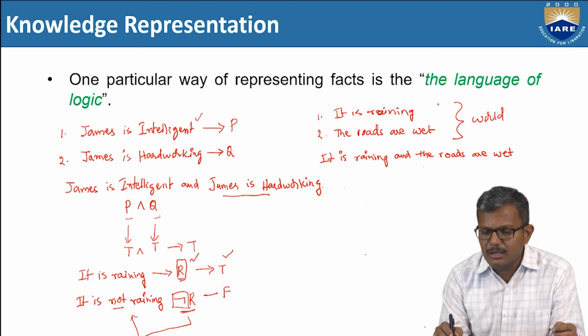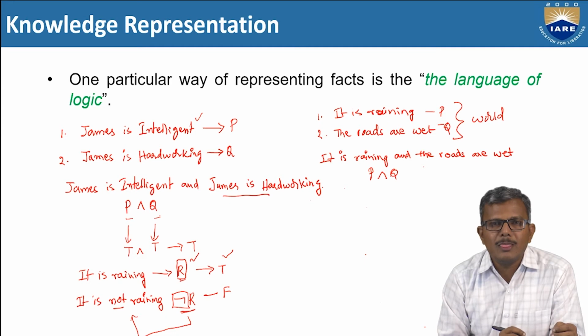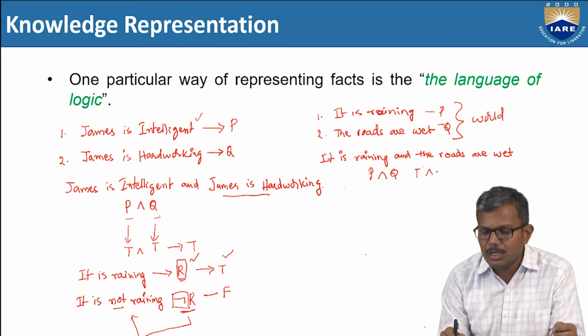Again, if it is P and if it is Q, it becomes P and Q. So again, the same thing, true and true. Then the output will be true.